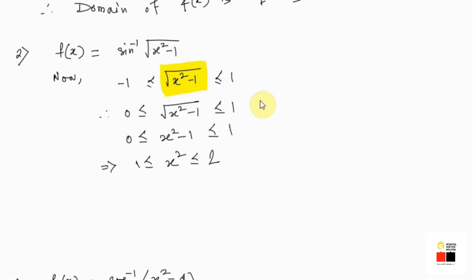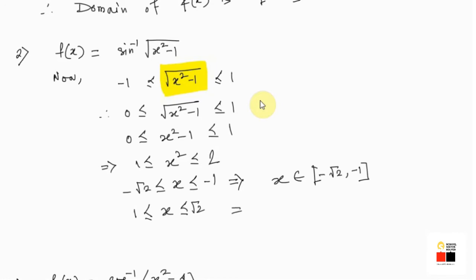From here we can say that minus root 2 less than or equal to x less than or equal to minus 1, which implies x belongs to minus root 2 comma minus 1, and 1 less than or equal to x less than or equal to root 2 implies that x belongs to 1 comma root 2.